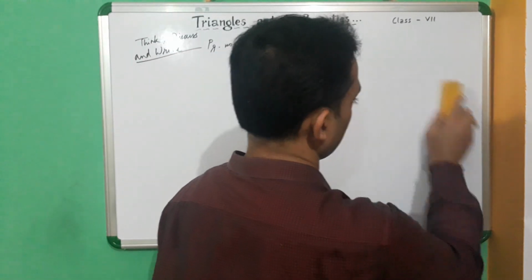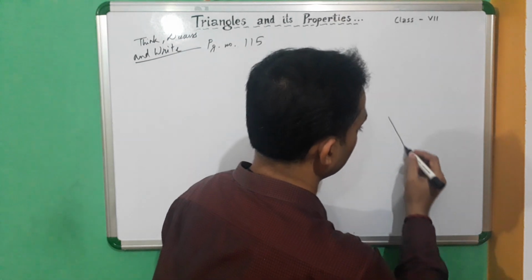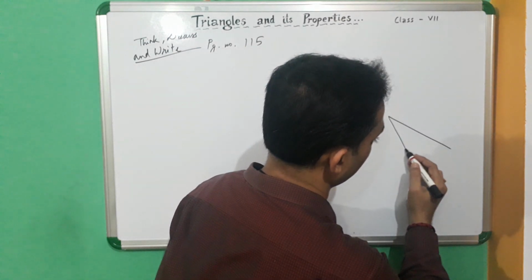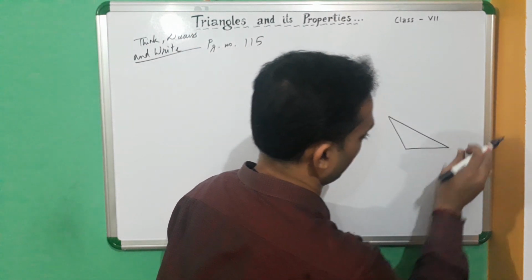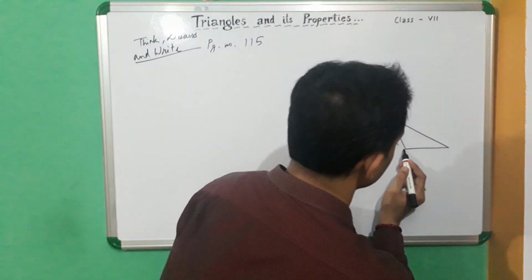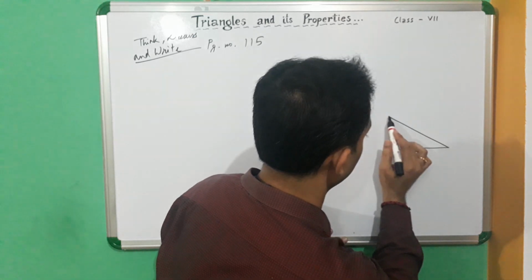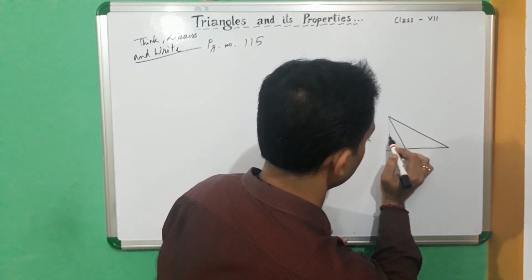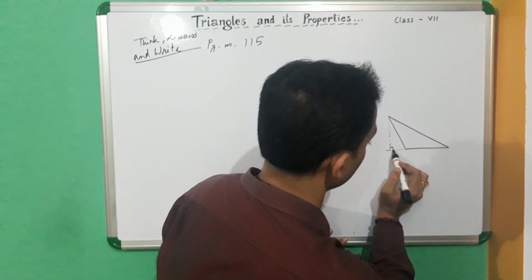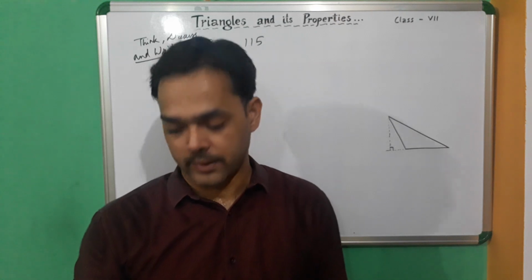So in that case, if you draw an obtuse angle triangle as I have drawn, and you extend the base, then what you observe is that this will be the altitude of the triangle.